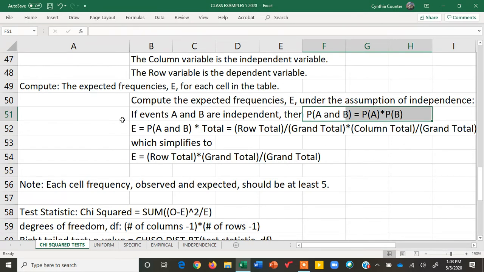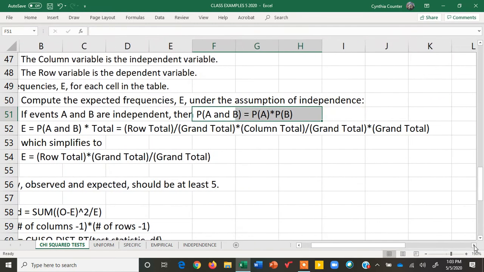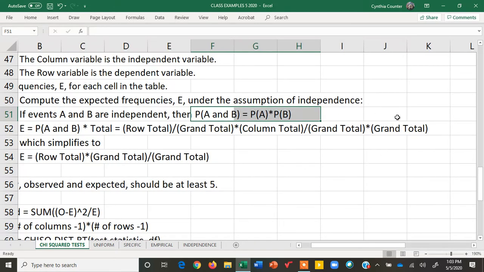But we actually want an expected frequency. E here stands for expected frequency. So we multiply the probability by the sample size, which is the grand total, and this will actually give us the number that we would expect to fall into the cell that corresponds to events A and B happening concurrently.